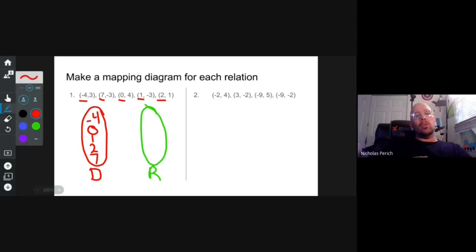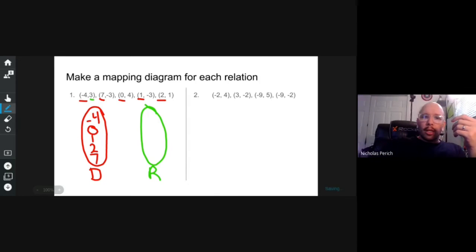Now I have to do the same thing for the range. The range is the y values. So I'm going to underline those in green. I have 3, -3, 4, -3 again, and 1. My smallest number out of these green underlines is -3.